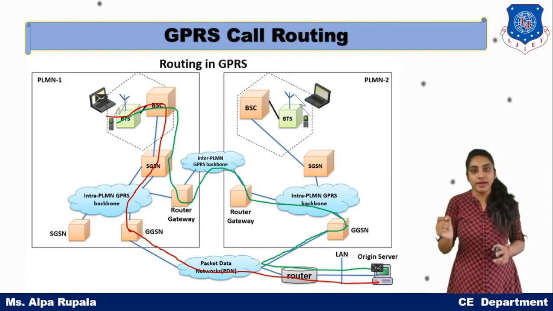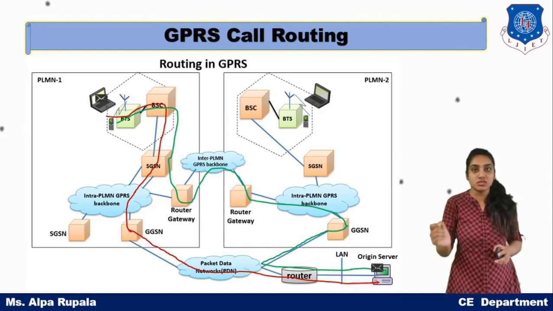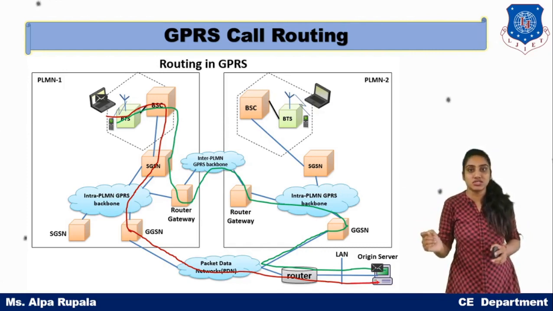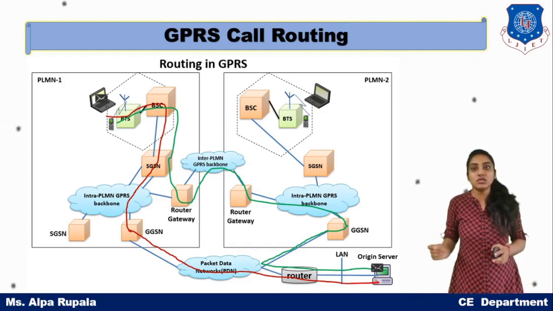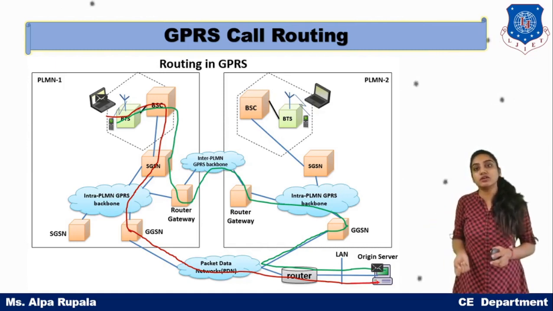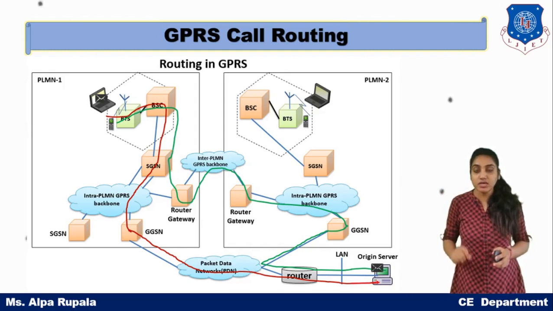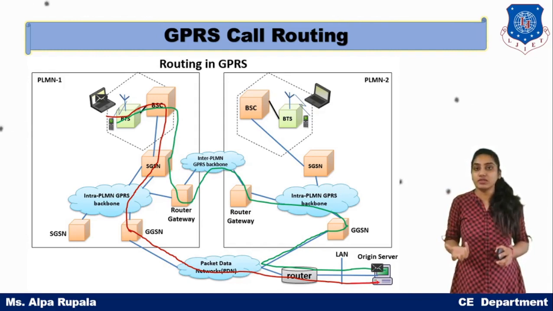The MS will send the request to the BTS, BTS to BSC, BSC to SGSN. Then, through the intra-PLMN backbone network, that request will be given to the relevant GGSN. The GGSN has that particular data structure, and the response will be given to the MS.